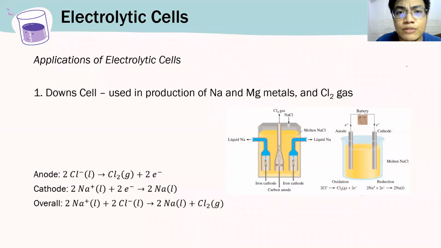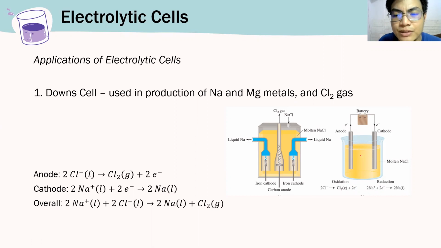One of it is a Downs cell, which is used in the production of sodium and magnesium metal, as well as chlorine gas. So these metals and chlorine gas are used in industries to create many types of products and even in sanitation. So ginagamit sila. So for example, we have here the illustration of how a Downs cell looks like.